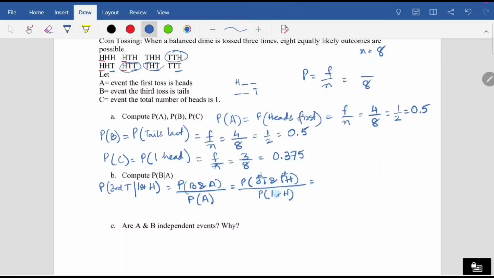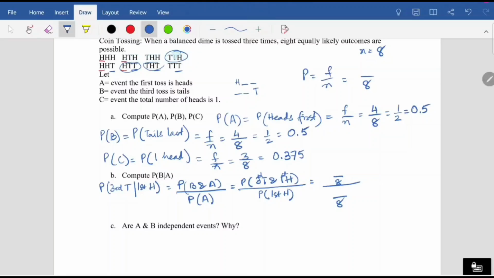Okay, so probability of third toss tails and heads as the first toss, the denominator is still going to be 8. We are calculating the probability in the numerator here, so the denominator is still going to be 8, whether it's in the numerator or denominator. Third toss a tails and first toss a heads.